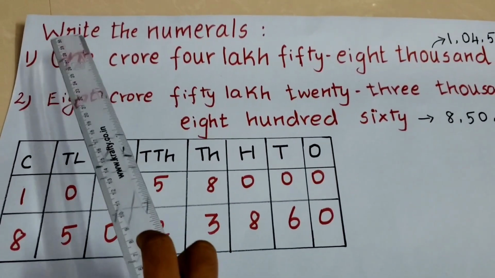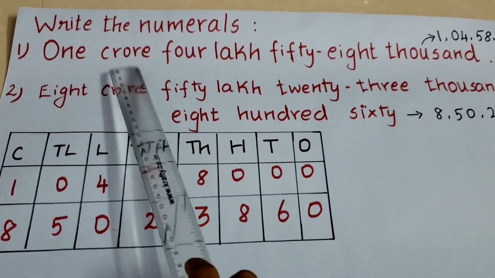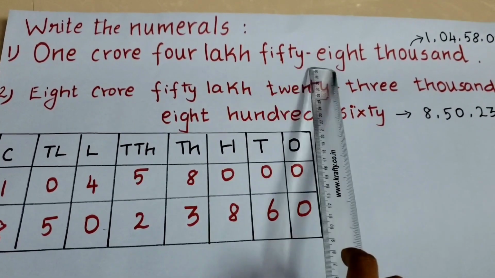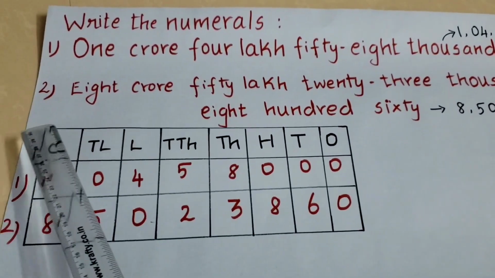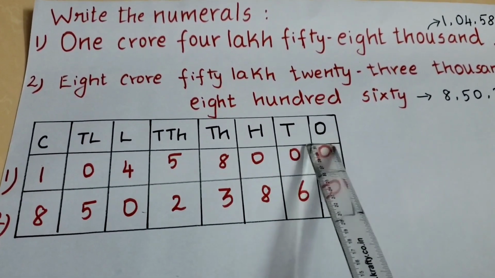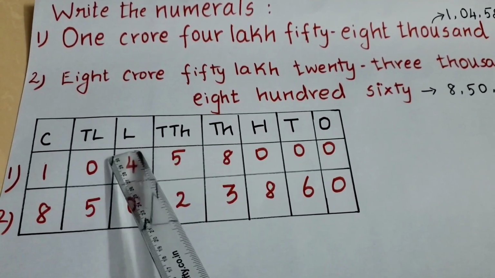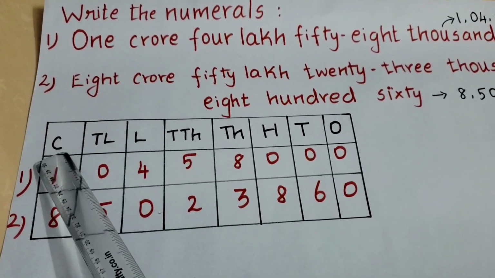If the question is asked, write the numerals. And the question is 1 crore 4,58,000. First, we can mention this in the place value chart: ones, tens, 100, 1,000, 10,000, lakh, 10 lakh and crore.